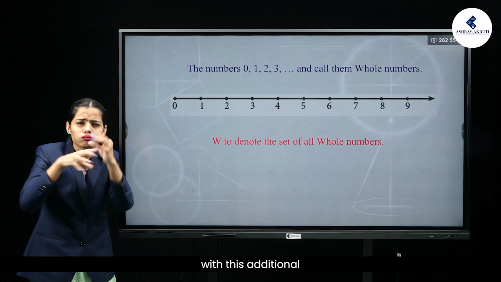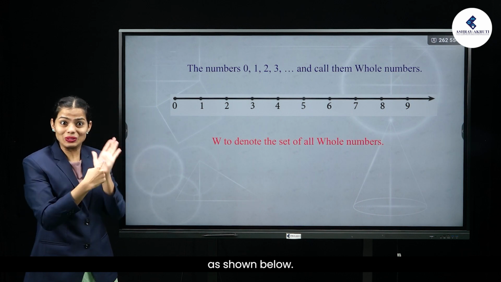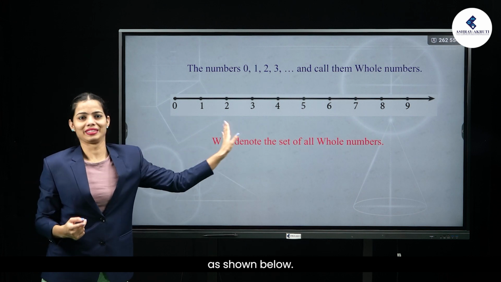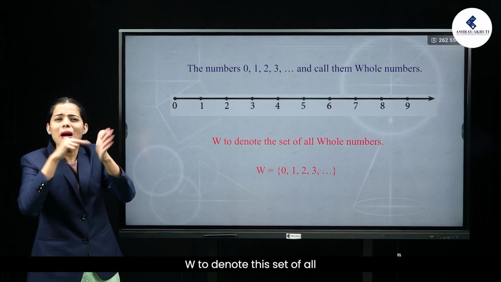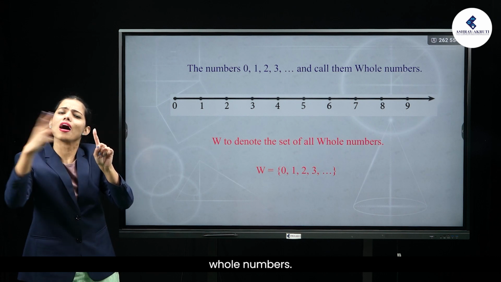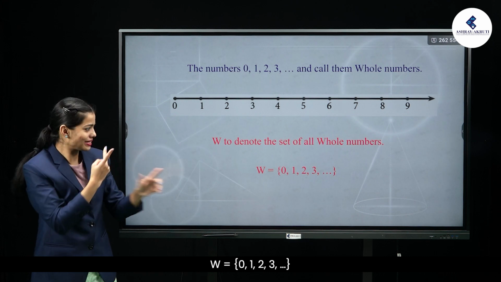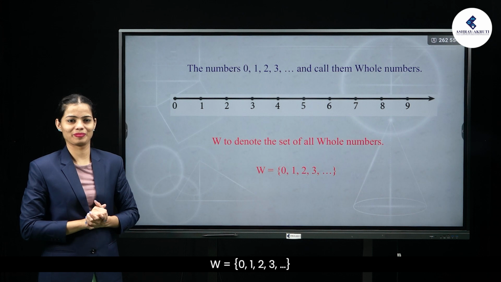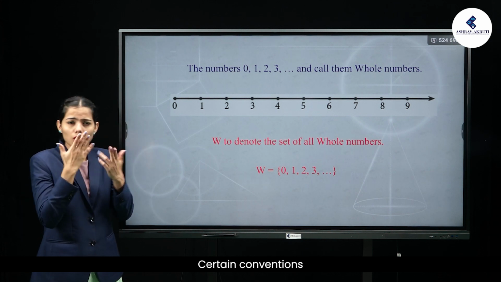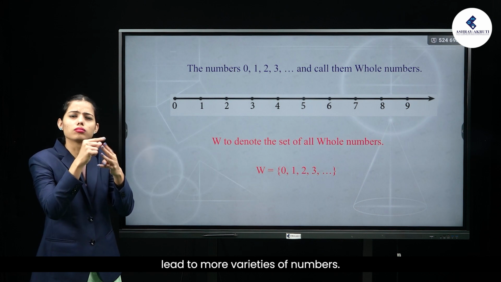With this additional entity, the number line will look as shown below. We use W to denote the set of all whole numbers. W is equal to 0, 1, 2, 3 and so on. Certain conventions lead to more varieties of numbers.